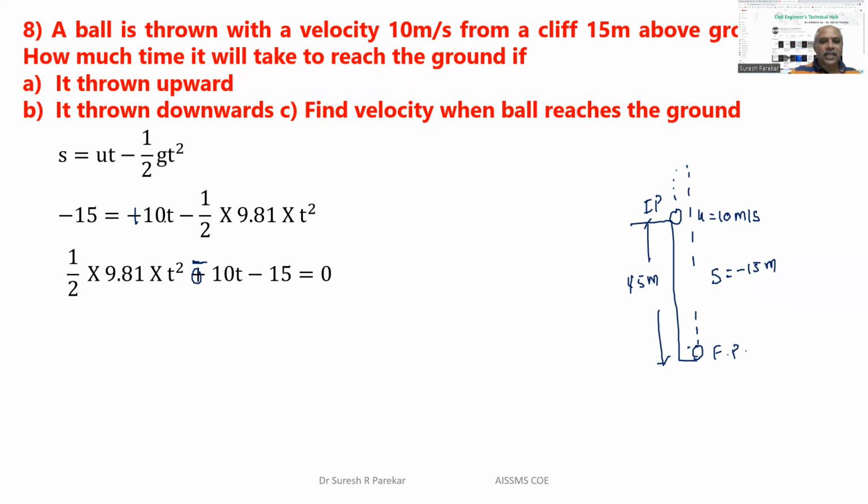By solving this equation, it is second degree. So 9.81 divided by 2, then minus 10, then minus 15. And when we solve this, we have the value of t as 3.04 seconds.